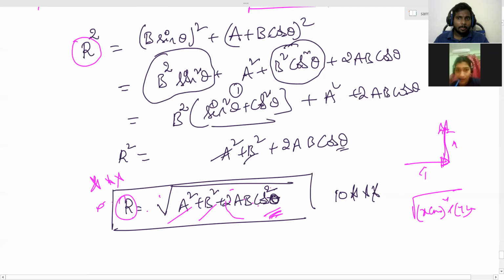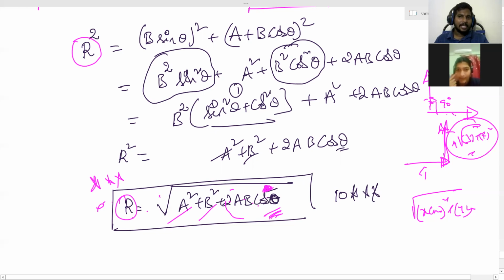Suppose 3 I cap plus 4 J cap means what? 3 units in X direction, 4 units in Y direction. That means the angle between them is what? 90. So root over 3 square plus 4 square plus 2 into 3 into 4 into cos 90. This is cos theta. Cos 90 is 0. The direct answer is root over 3 square plus 4 square. Got it?